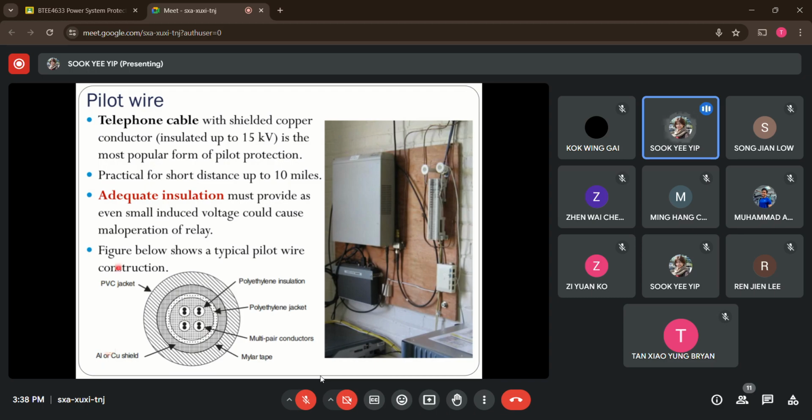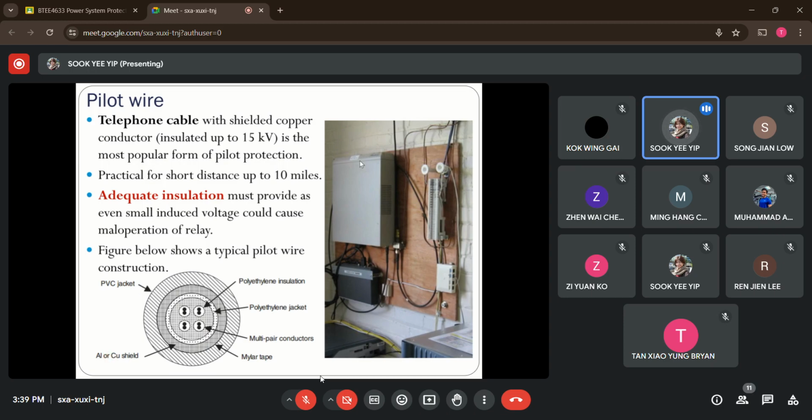The outermost layer is the PVC jacket. Again, the aluminum or copper shield is used like a filter so that we can filter out the magnetic fields from the neighboring power line, so that we can prevent electromagnetic interference.